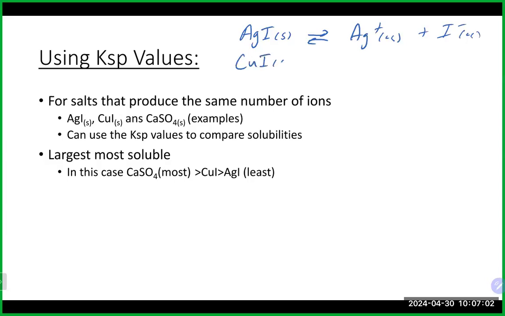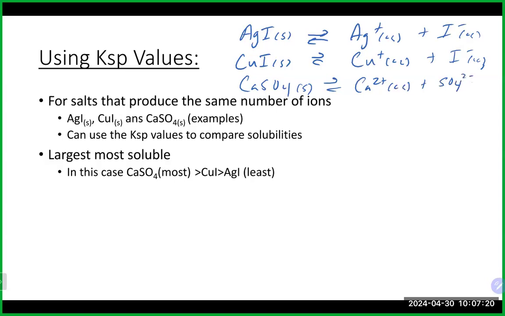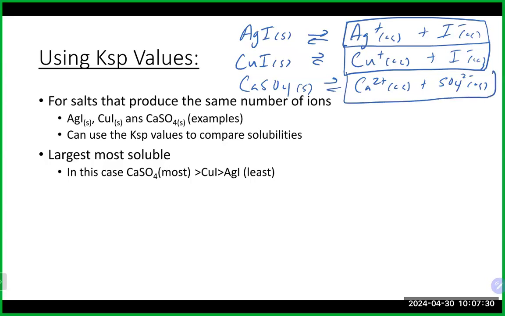This guy here will give us a copper and an iodide. And this guy here will give us a calcium and a sulfate. And what we mean by the same number of ions is pretty much that. I have 2 ions there, 2 ions there, and 2 ions here.